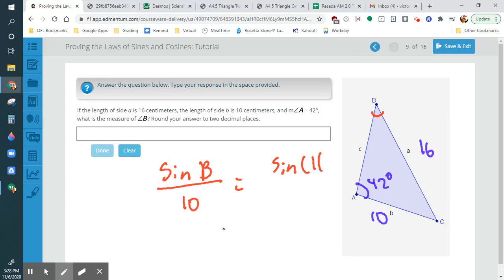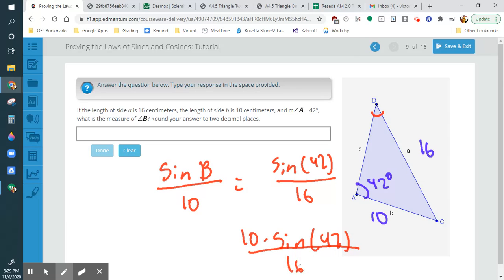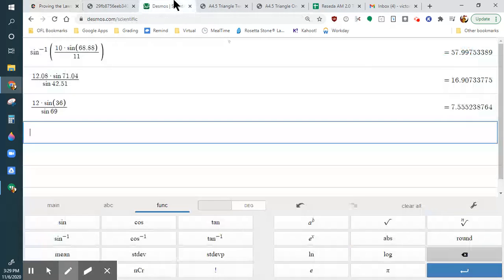Sine of 16. Wait, not sine of 16. Whoopsie. I got used to putting my sides on top. Sine of 42 over 16, which means we have 10 times sine of 42 over 16. All right, so let's do this.